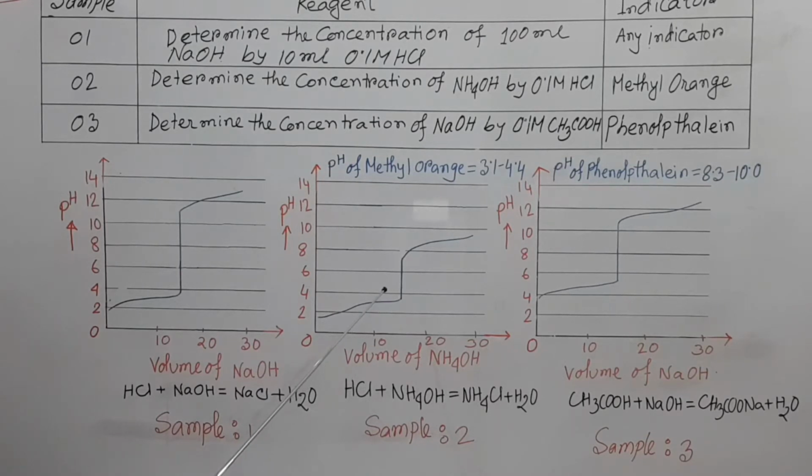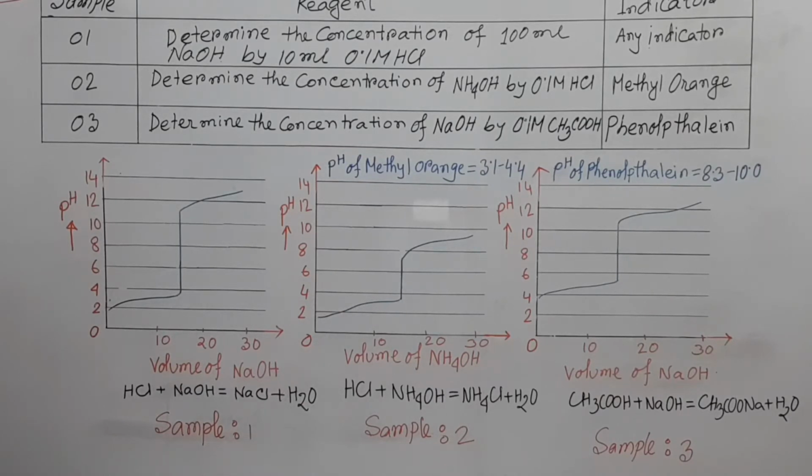In titration of strong acid and weak base, the aqueous solution of salt produced from strong acid and weak base is slightly acidic. For this reason, pH is below 7 at the end point.